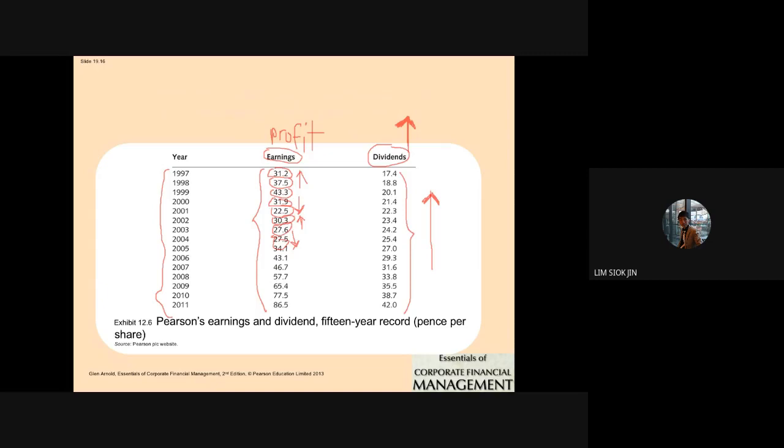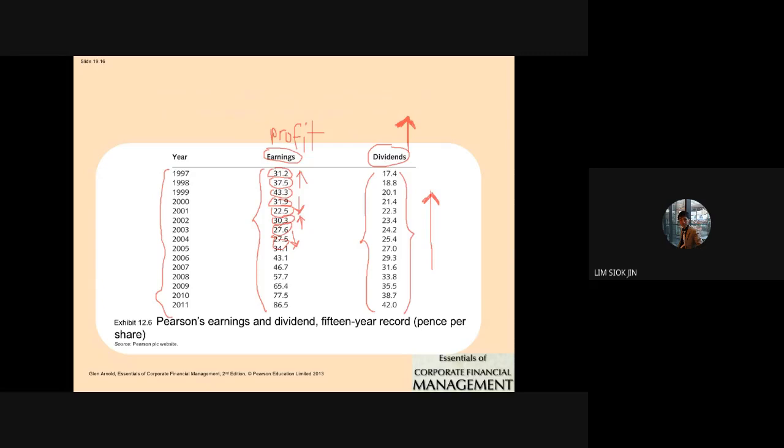So this kind of company makes owners feel very confident and comfortable with the company. Although every year they make different earnings, they are so confident and stable that they can increase my dividend every year. Right? So this is a good and positive sign of a strong company.